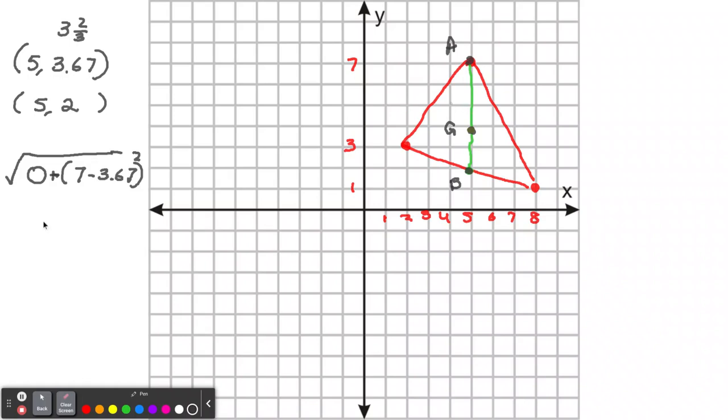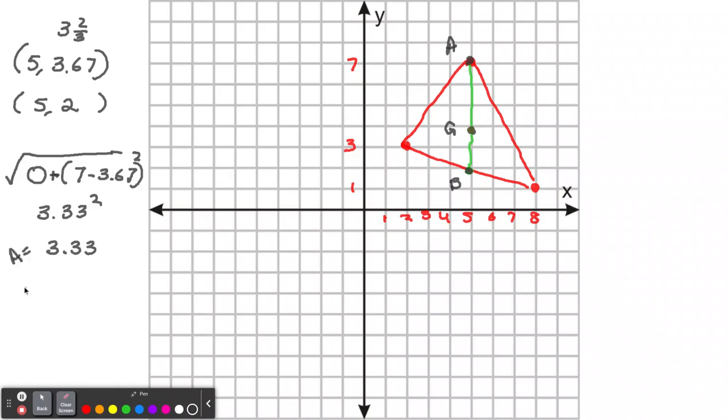What we get here is 7 minus 3.67, which is 3.33. If you square that, you get roughly 11.09, but if you square root that, you just get 3.33. So that's just A. The length of A is 3.33.